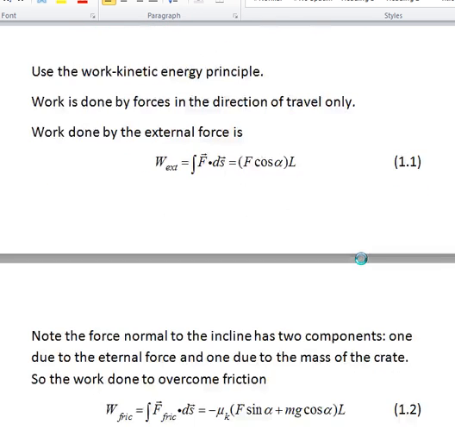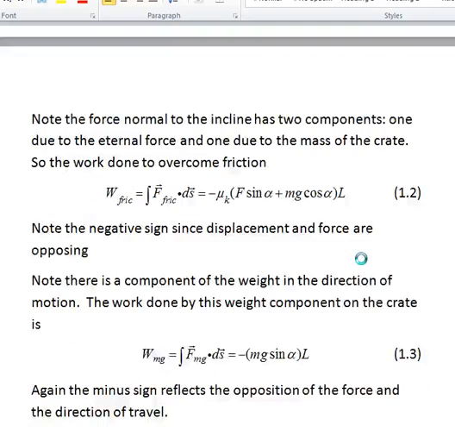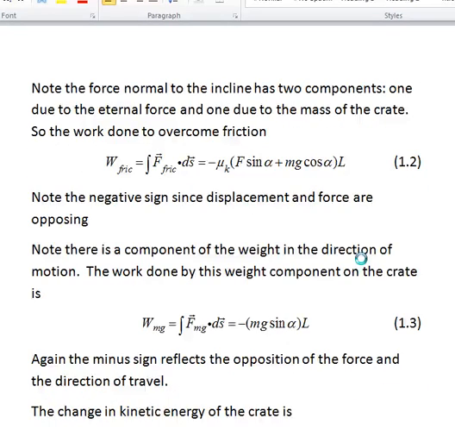If we consider the two forces that are normal to the incline, we talked about this before. The normal force has two components, one that's due to the applied force, one that's due to the weight.